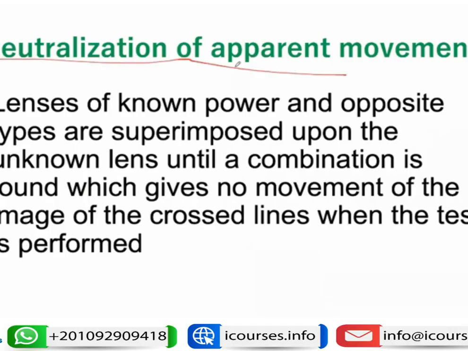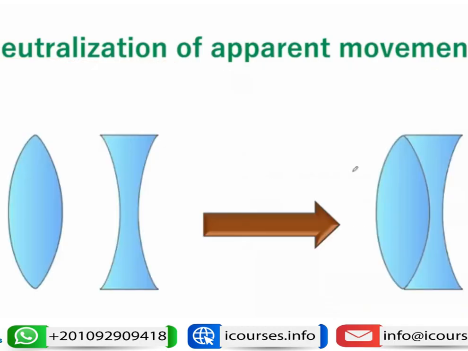Neutralization of the apparent movement is the most simple way. If you have a lens, then you can put a combination of lenses, like putting a plus with the plus or minus with the plus, until you make a combination that when you move across the line, you will see no movement. For example, if we have this lens that you don't know its power, you move it across a cross, and you will find that this cross will move against the direction of your movement.